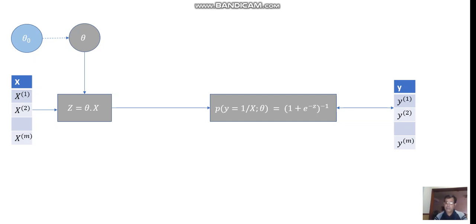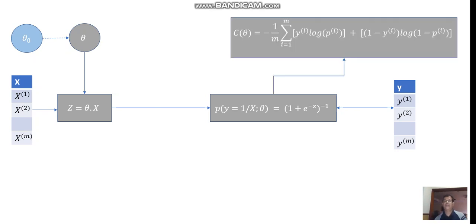The comparison of the actual value y and the predicted value p is done by calculating the cost function. The cost function is nothing else but the aggregation of the losses on all the observations.